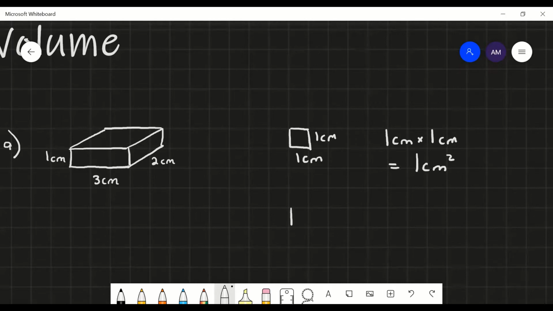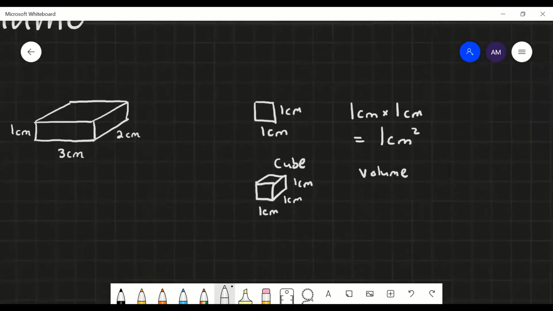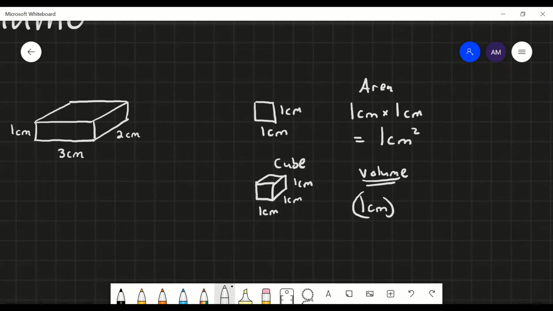Likewise, if we had 3 dimensions, so a cube, this is called a cube, you would need 3 measurements, 1 centimeter, 1 centimeter, 1 centimeter. Now it turns out the volume of this cube, so up here was the area, the volume of a 3-dimensional cube would just be multiplying all of these lengths together.